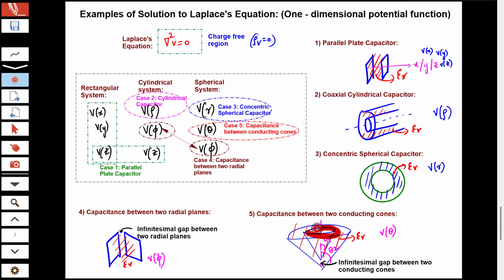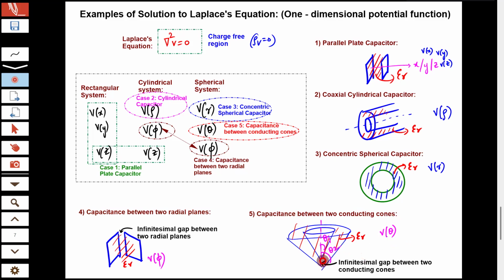Now, when we consider two conical conducting plates, or two conducting cones, one is at an angle of theta 1 and another is at an angle of theta 2. Between these two conducting cones, if the material has the dielectric constant epsilon r, then the potential function between these two cones will be a variation of only angle theta.